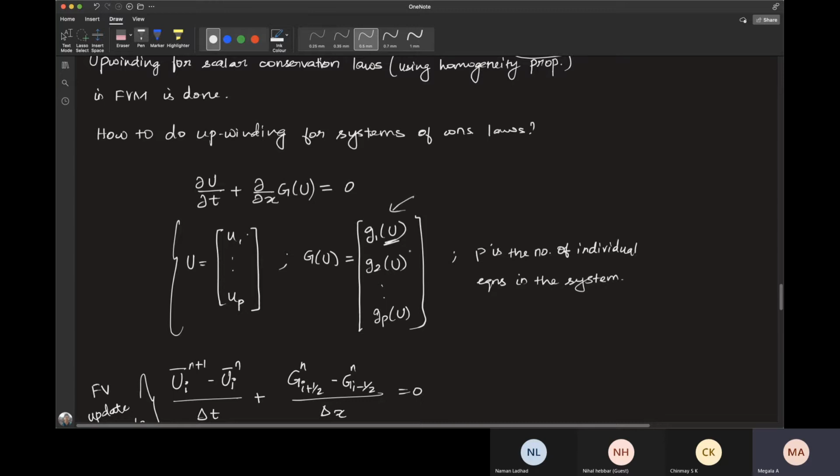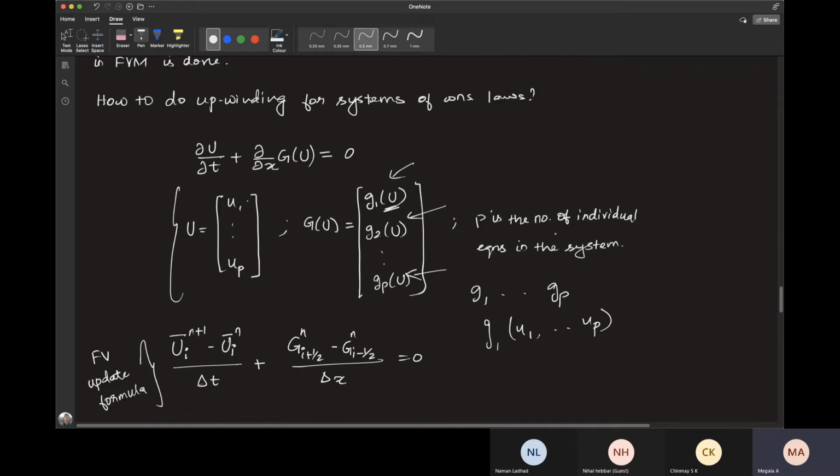Each of these flux quantities g1 up to gp can depend on all of these u1, u2 up to up. That is, g1 can depend on u1 up to up. The same holds for all the g's, that is g1 up to gp. All g's are dependent on all of the elements of the conserved variable vector. So here p is the number of individual equations in our system.